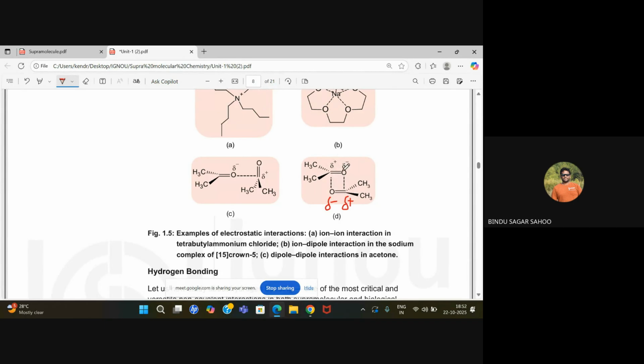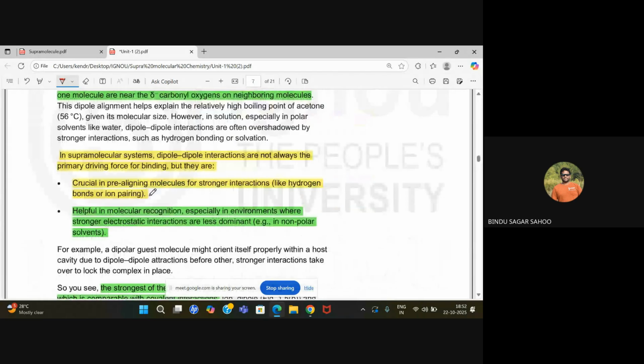Here also this oxygen's negative center will make an interaction with this carbon center. Yes or no? So this type of interaction is called dipole-dipole interaction, but the alignment here is parallel. This dipole and this dipole are in a parallel position. Yes or no?